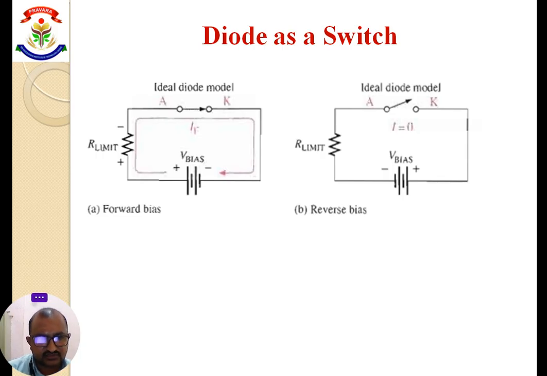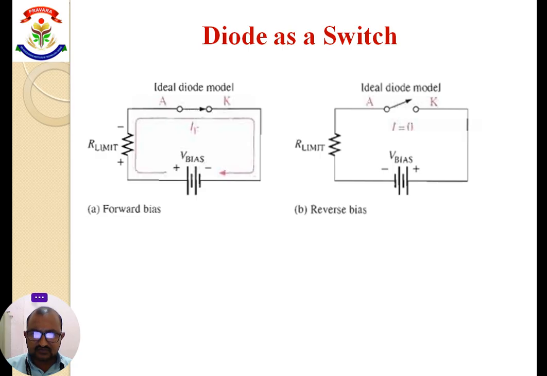In this figure we have to see that if the diode is connected in forward bias, it means anode is connected to positive and cathode is connected to negative. At that time we can say that the diode is in forward bias condition, means diode is in on condition and it acts as a closed switch. In the second figure the diode is connected in reverse bias condition.